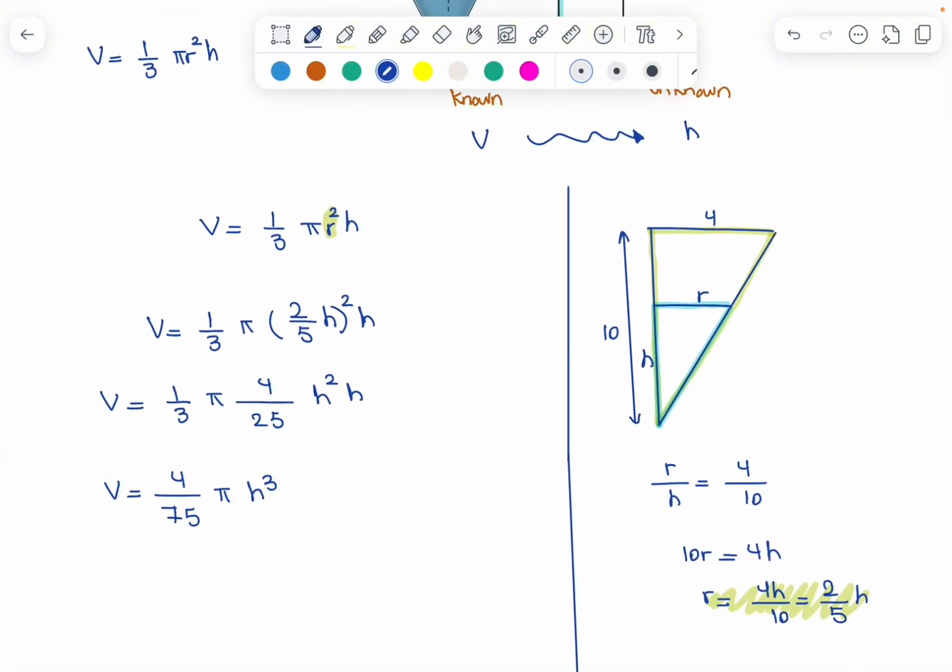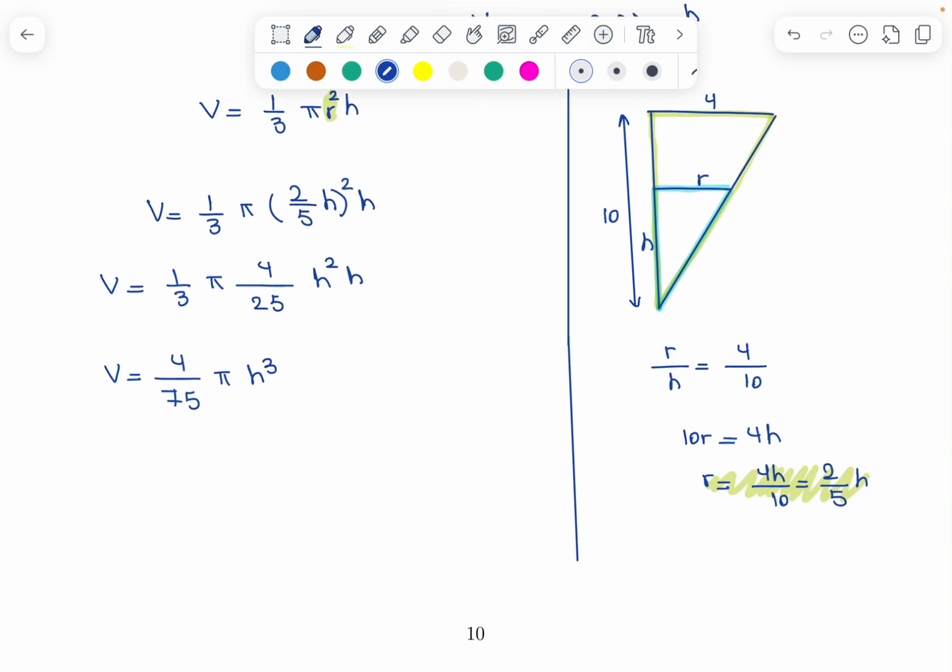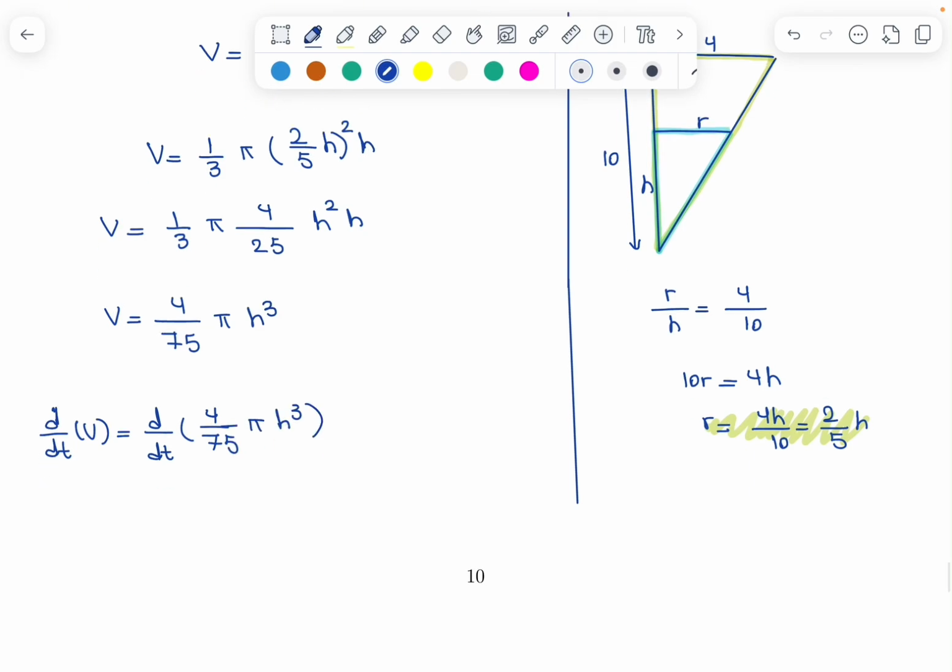Now you can take the derivative with respect to time from both sides of this relationship. If you take the derivative with respect to time, d/dt of V would be equal to d/dt of 4/75 times pi h cubed. The derivative of V with respect to t is dV/dt, and this part is constant.